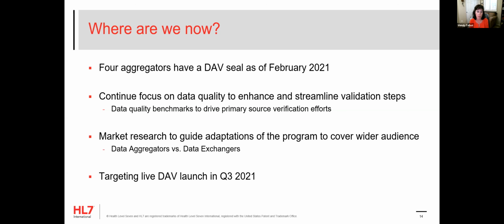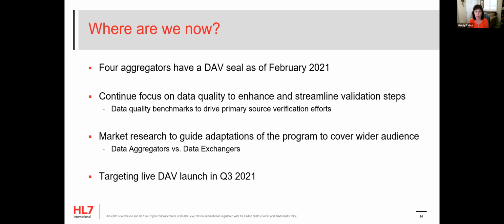We also have a need for some of this to be adapted to just data exchangers. So they're not truly responsible from the legal aspect of those data and following it all the way through. So we're looking at the market to see are there needs that this program can address if we were to adapt and modify it. So we're excited to be targeting our live launch of this program in Q3 of 2021.